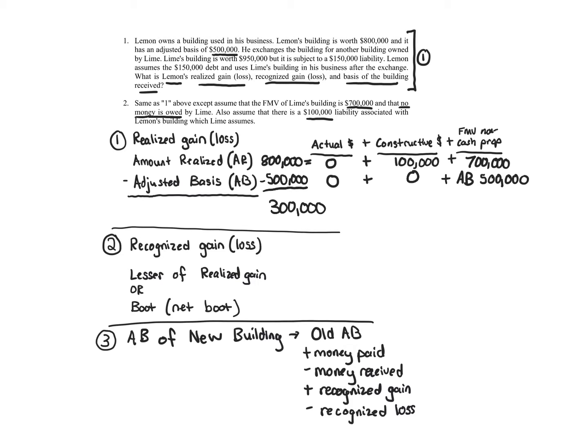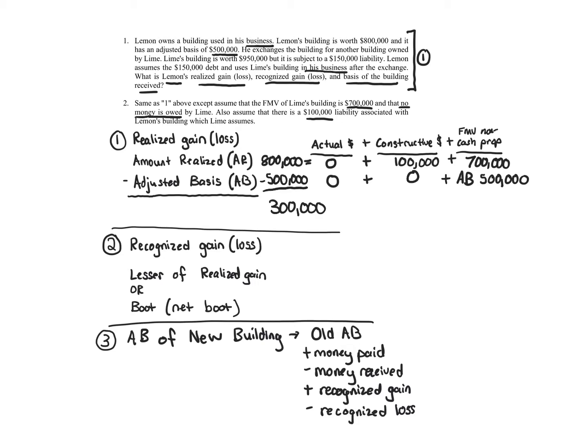Which, remember, for a like-kind exchange, you need to have an exchange of real property for real property that's held for business or investment on both sides. And remember, in problem 1, we're told that Lemon held the old building and getting the new building both for business. So Lemon qualifies for like-kind exchange non-recognition treatment.